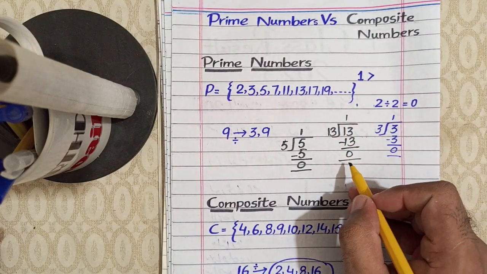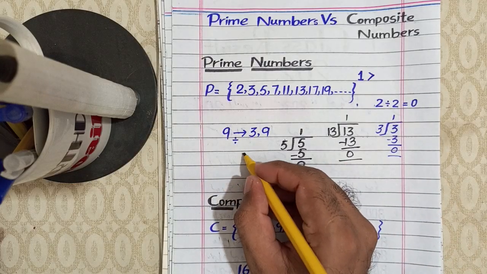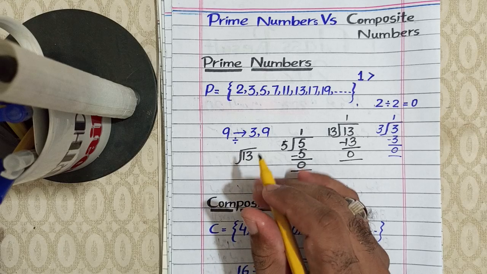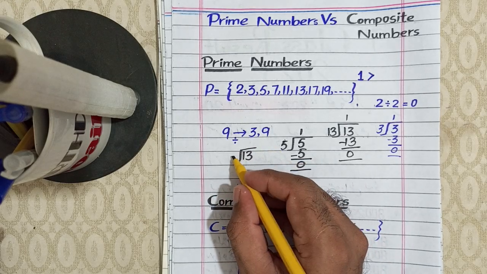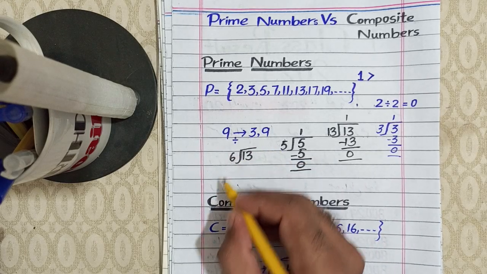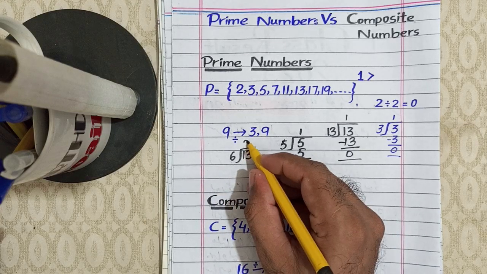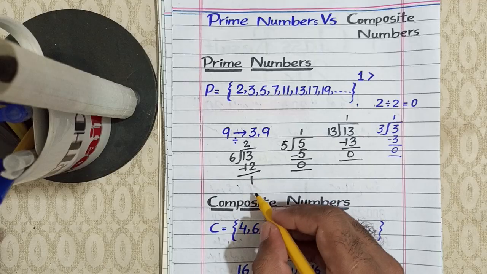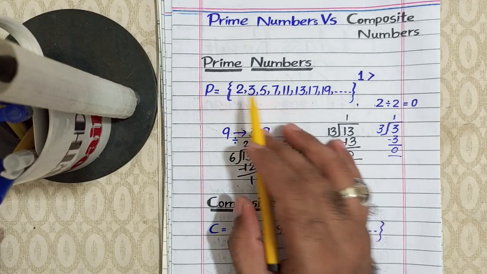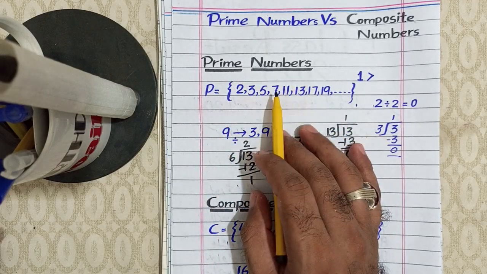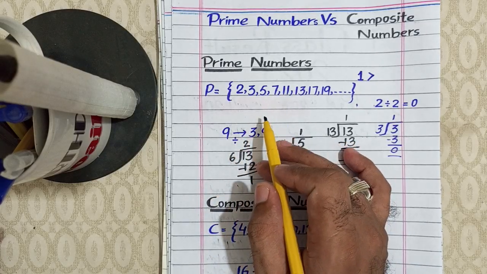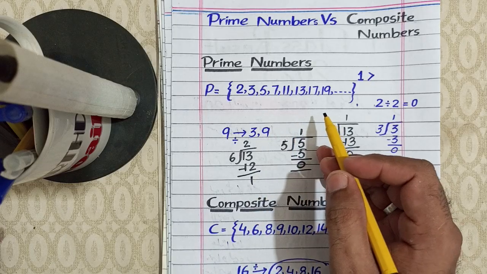If we divide 13 by another number like 6, 6 times 2 is 12, but the remainder is 1.